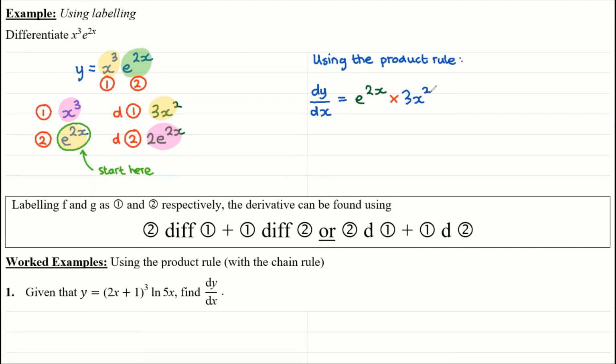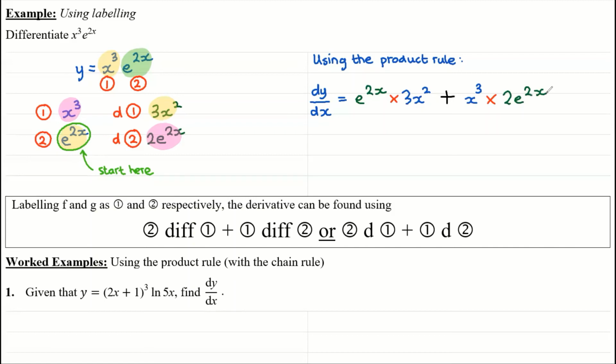And then we're going to add, it's always an add for this, the other two that we've not used. So it's going to be the first function, which is x cubed, multiplied by the derivative of the second function. So it's going to be multiplied by 2e to the 2x, like that.